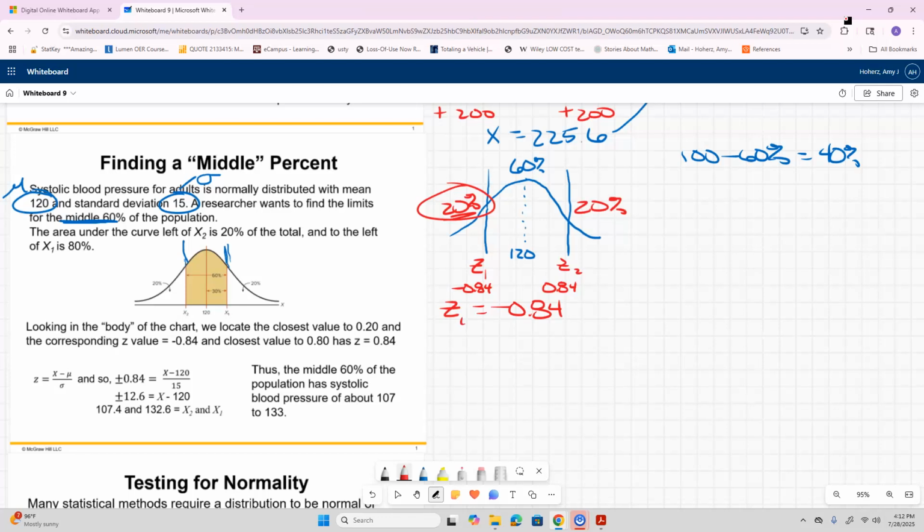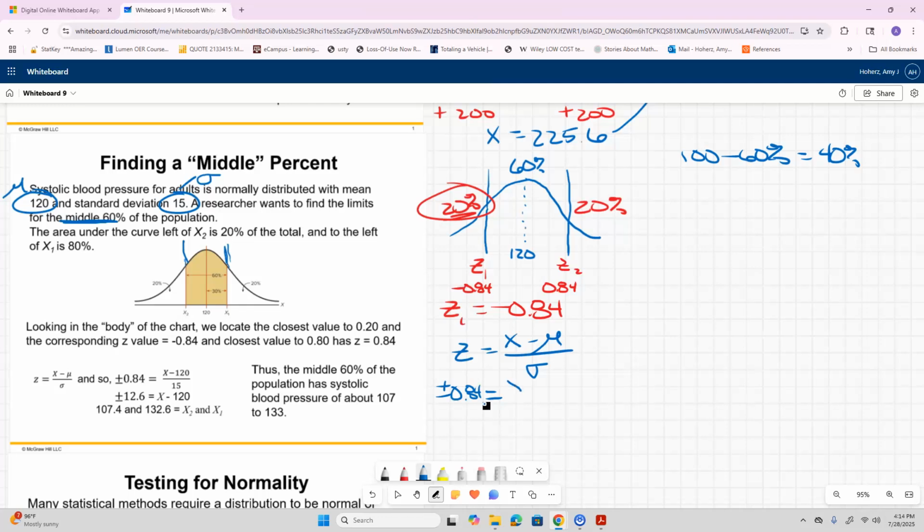So now we're going to go to our formula, and we're going to actually solve a plus or minus problem. So now we know that z equals x minus mu over sigma. We know our z is plus or minus 0.84.